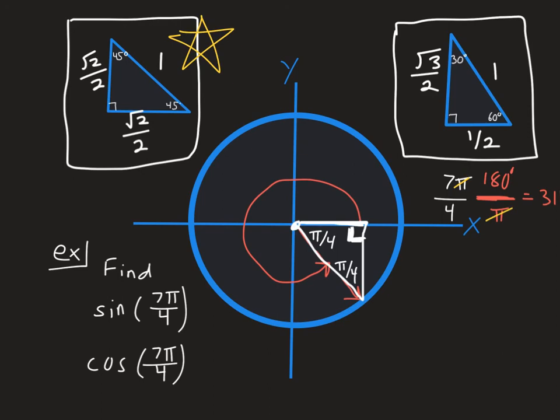And my hypotenuse is going to be my radius. So my hypotenuse, the radius from the center to the edge of a circle, is going to be a distance of 1. And then my legs in the 45, 45, 90 are root 2 over 2. Those are my distances.